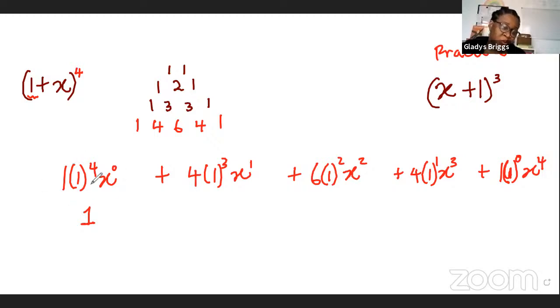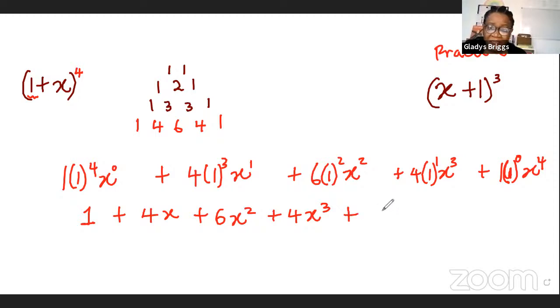So it's all going to come to 1, plus everything else here will be 1. So it will be 4 times x, so 4x, plus 6x squared plus 4x cubed plus x to the power of 4, which is what we have on our Pascal's triangle, 1, 4, 6, 4, 1. We don't write that one down, but it's there.